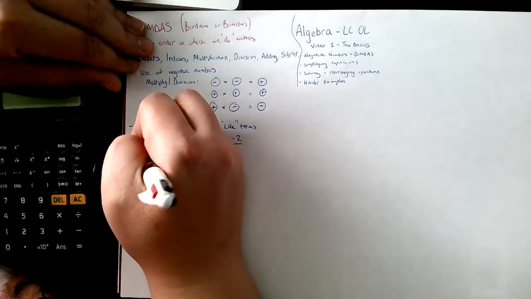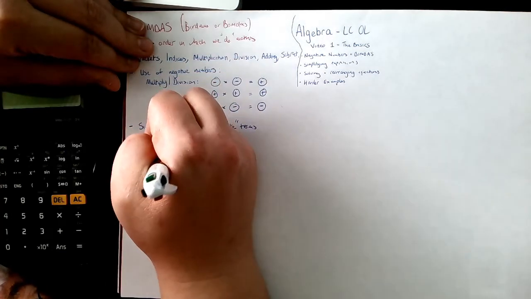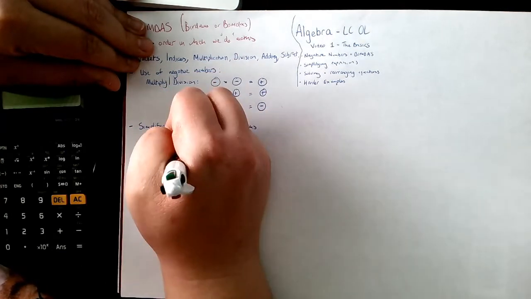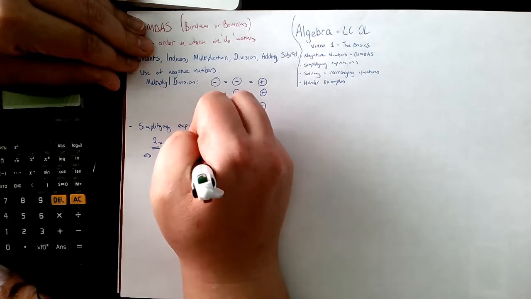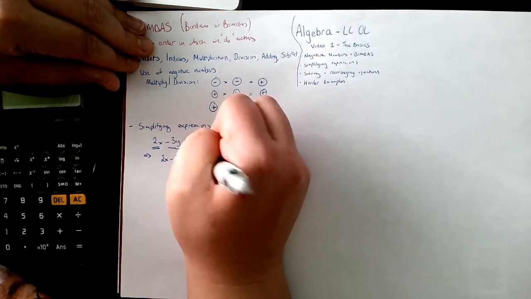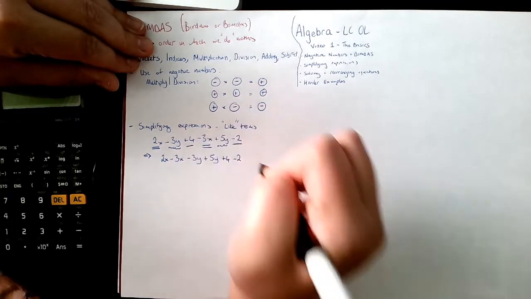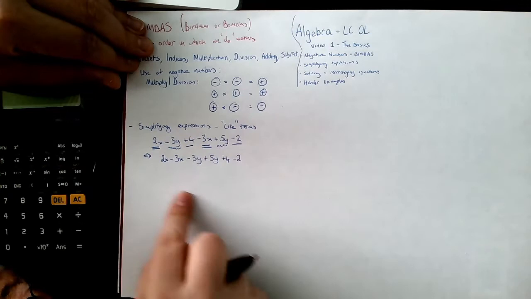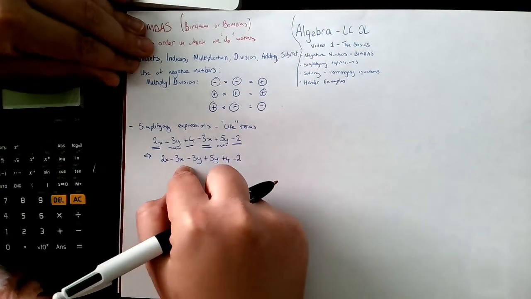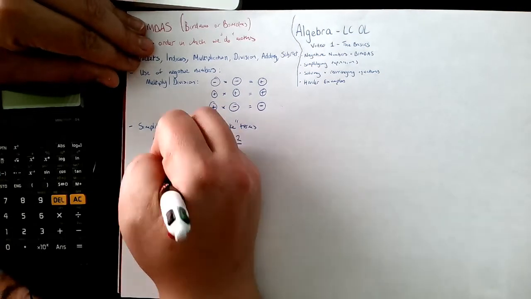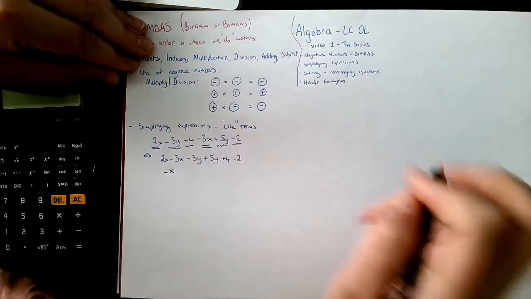So we can rewrite this by grouping our terms. So we've got 2x minus 3x minus 3y plus 5y plus 4 minus 2. Now that's going to make it easier to simplify. So we've got plus 2 minus 3, so that's going to be minus 1x.